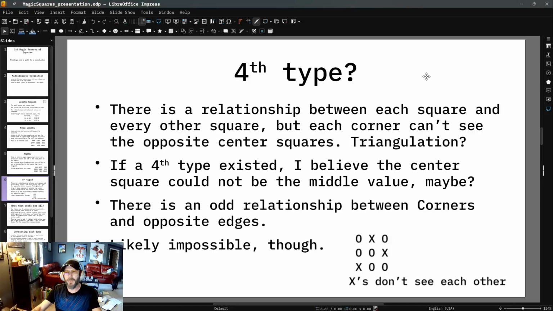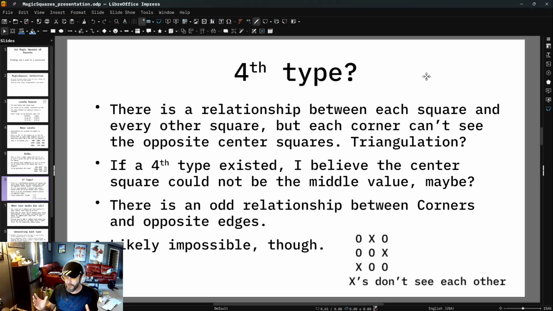The fourth type. I do not believe there is actually a fourth type of Loshu square, or magic square, I'm sorry. I've tried very hard to generate one. The only way I can see it working is when you think about how the magic square is configured and how the numbers relate to each other.